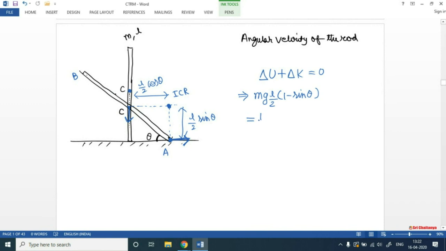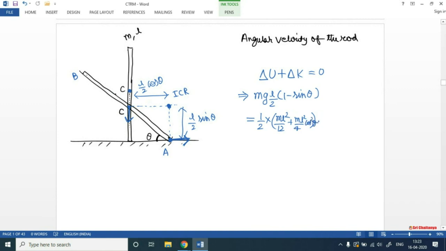That would be equal to half into the moment of inertia of this rod about the instantaneous center of rotation, and using the parallel axis theorem about C, it would be ml square by 12, plus m times the square of the distance between these two parallel axes, which is L square by 4 cos square theta.